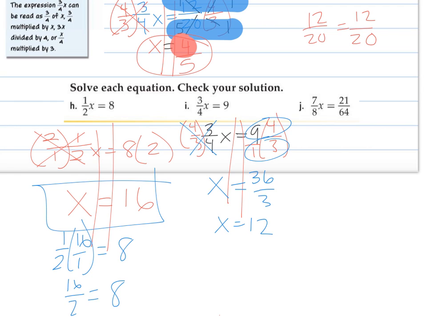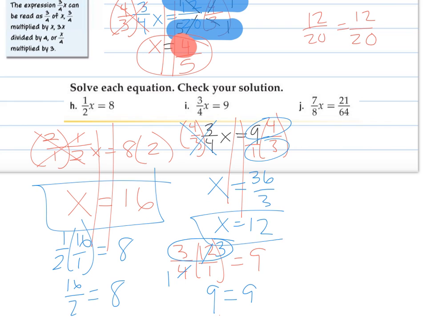Check my solution. 3/4 of 12 should be 9. Let's think, if we know that 1/4 of 12 is 3, we have 3/4, so we have 3 3s, which is 9. See that? 1/4 of 12 is 3. 3 of those 3s is 9. My solution's true.